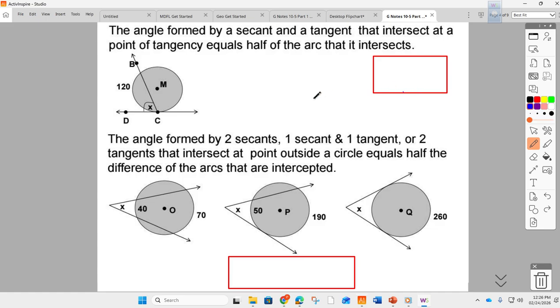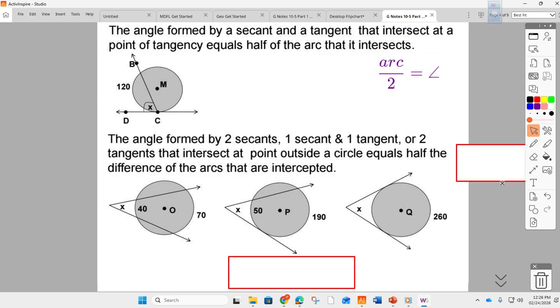This rule says that this angle that's created by a tangent and a secant is always 1/2 of the arc it intersects. So it's simply the arc divided by 2 equals the angle, just like the inscribed angle rule we learned.